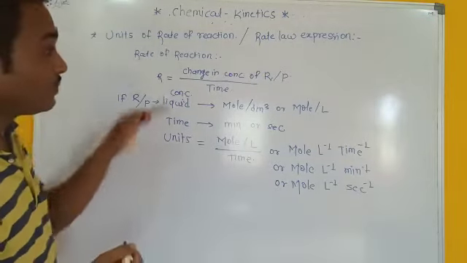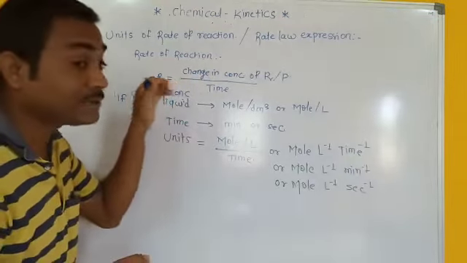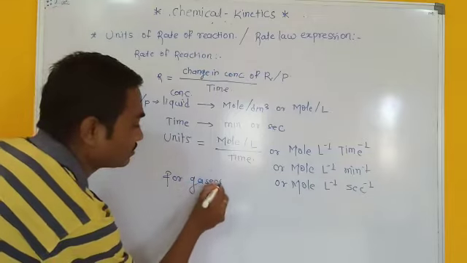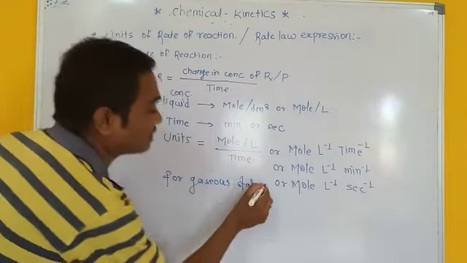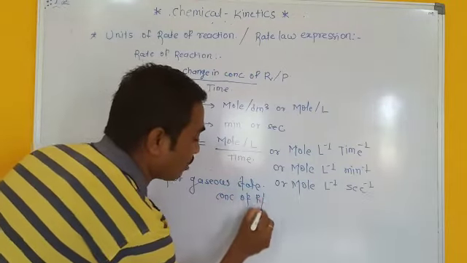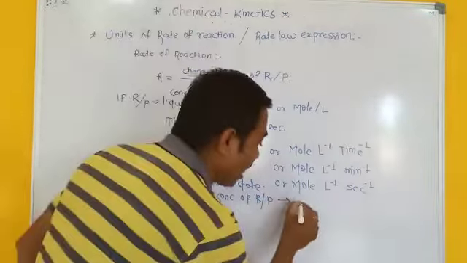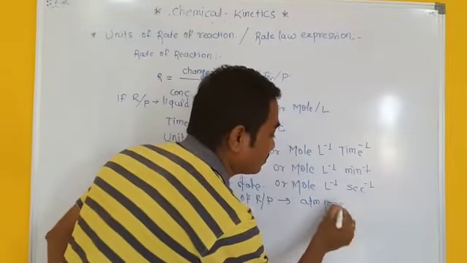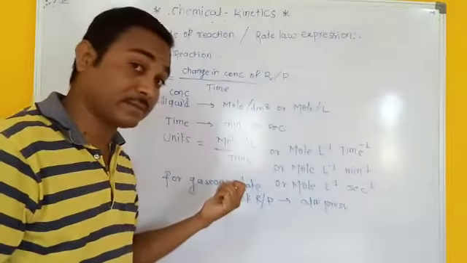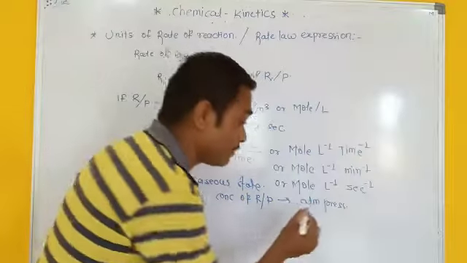But when the reactant or product is in a gaseous state, the concentration is expressed in terms of atmospheric pressure, for example atm.